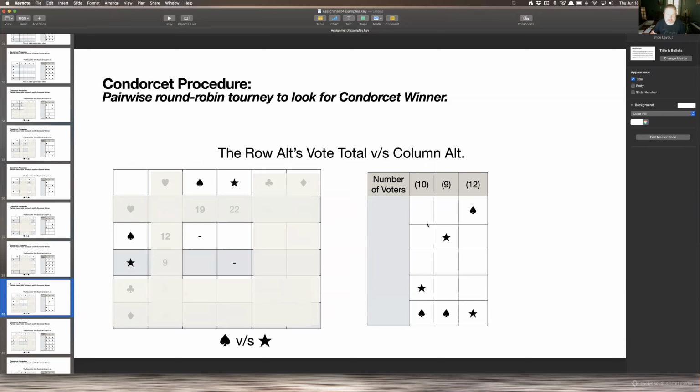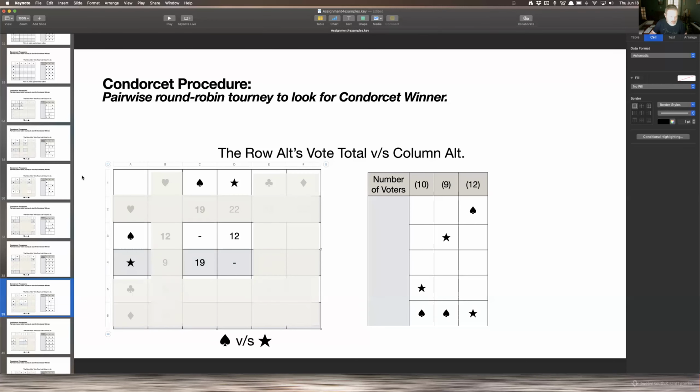For spades, they're going to get 12. And for stars, they're going to get 19. So stars get 19, spades gets 12.